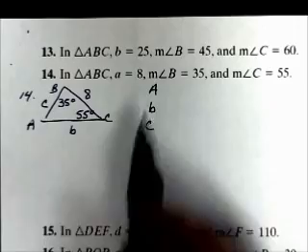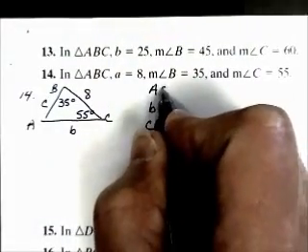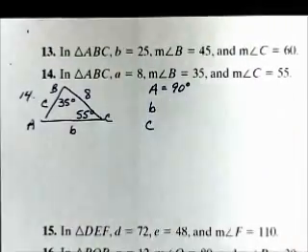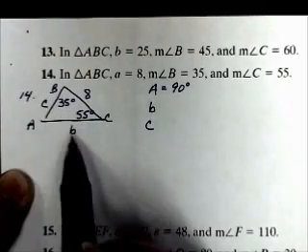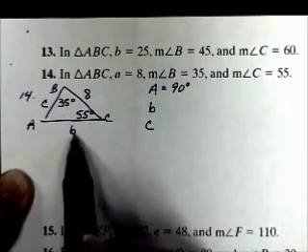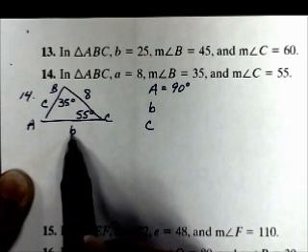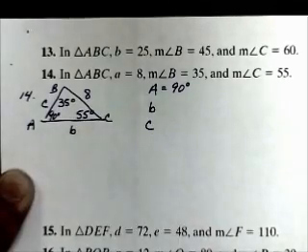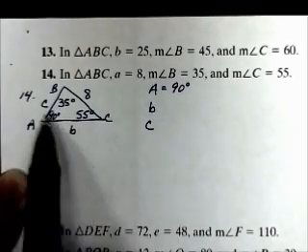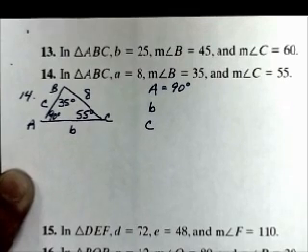So angle A, 180 minus 90, is 90 degrees. Now I'll keep it alphabetical. If I want to find the side of length b, we don't have the other side, so this is definitely law of sines.